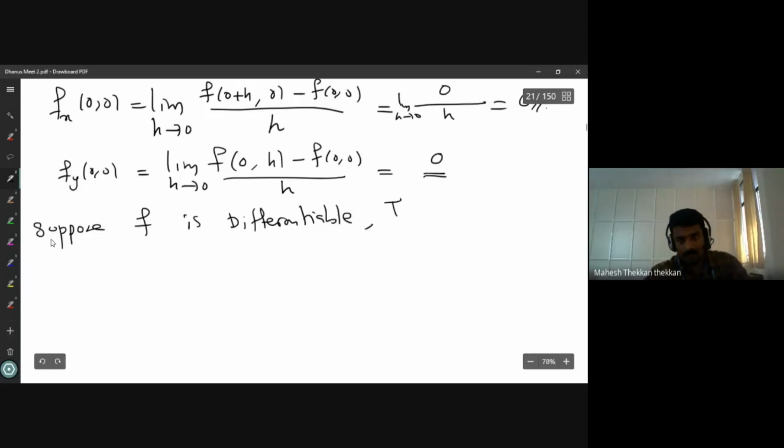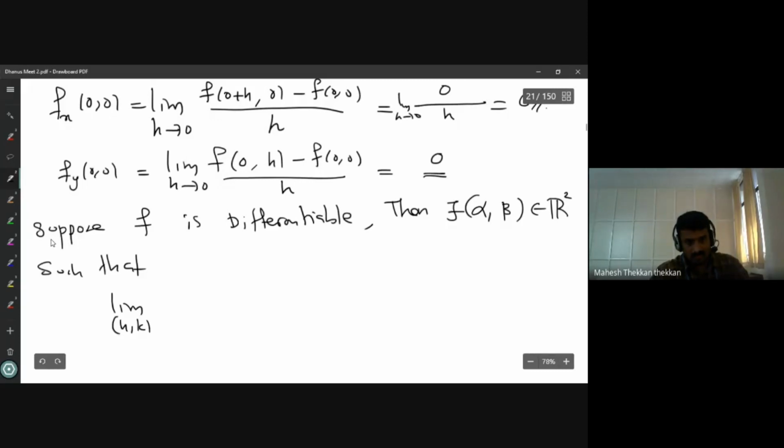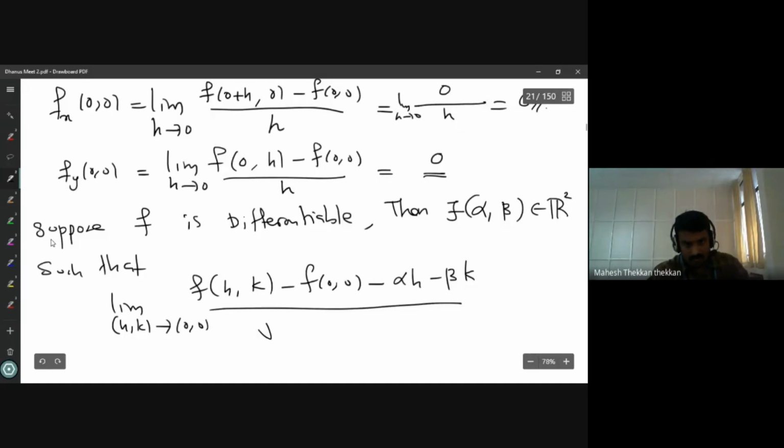Then there exist alpha, beta in R2 such that the limit as (h,k) tends to (0,0) of f(h,k) minus f(0,0) minus alpha h minus beta k, divided by the square root of h square plus k square, has to be 0.